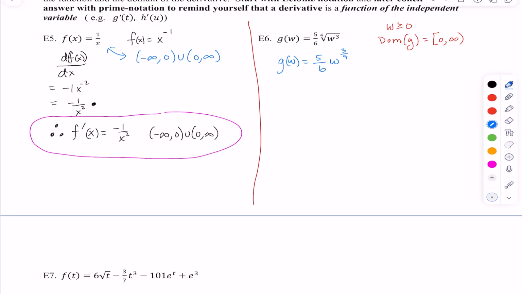And now we'll go ahead and execute Leibniz notation, derivative of G with respect to W. The constant stays in front, and now we'll do the power rule. Now we're ready to convert this back to prime notation.